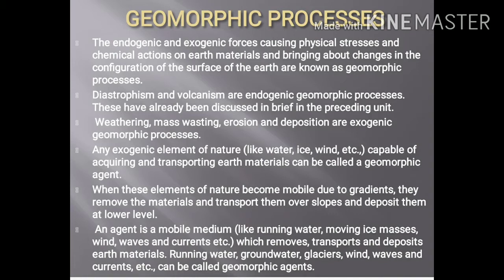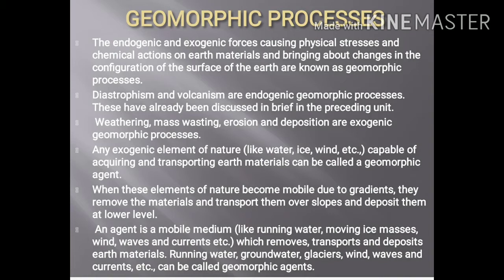The most important ones are diastrophism and volcanism in endogenic geomorphic processes. We have two types of geomorphic processes: exogenic processes and endogenic processes. In endogenic processes, we have diastrophism and volcanism.